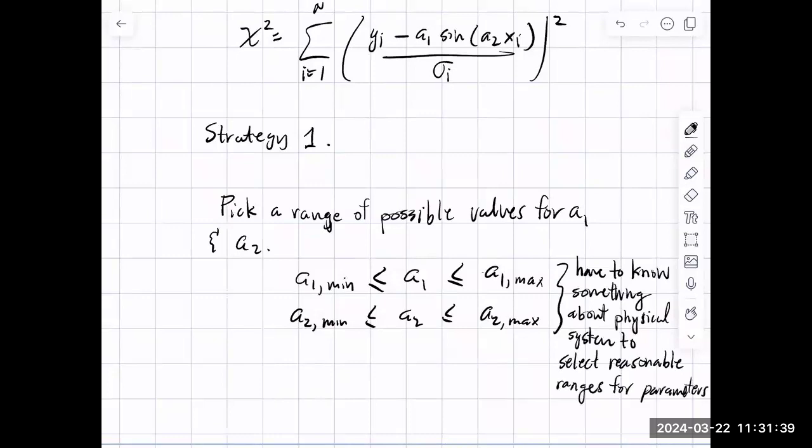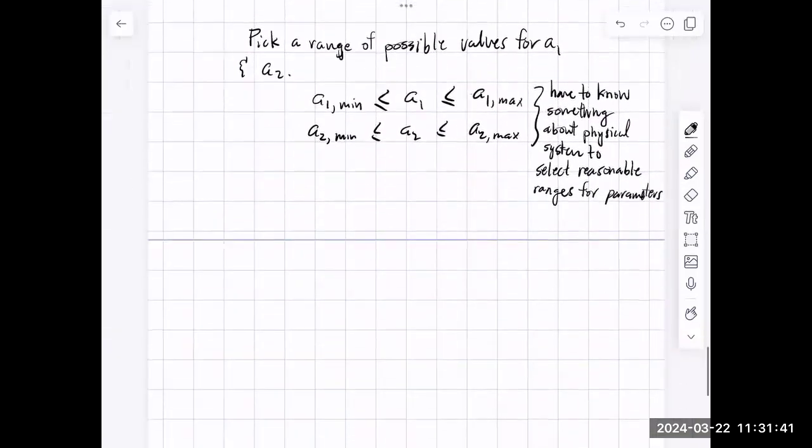Let me just do an example. My favorite example is always the LRC circuit.